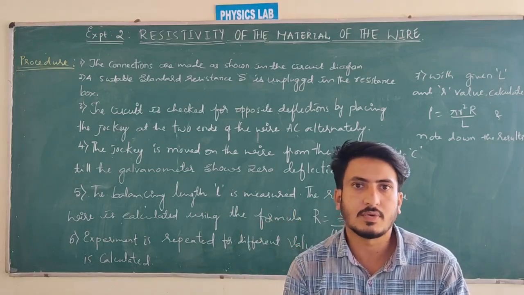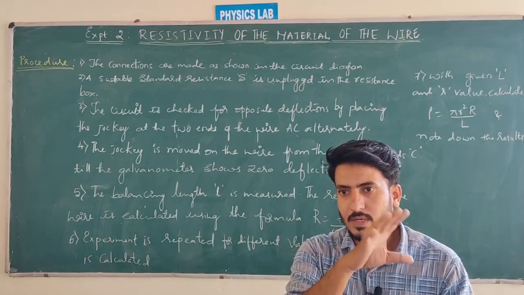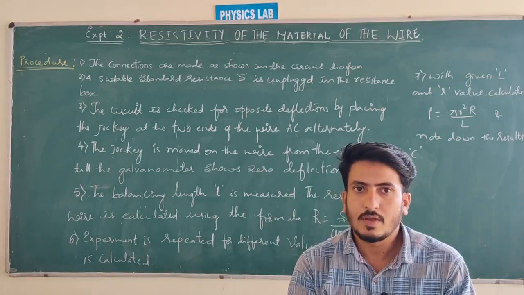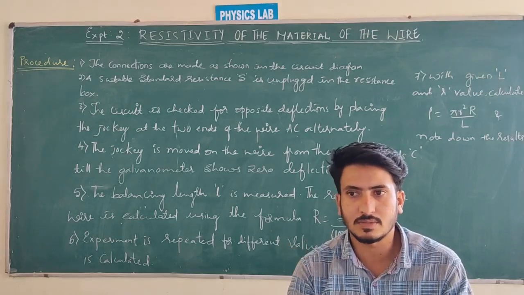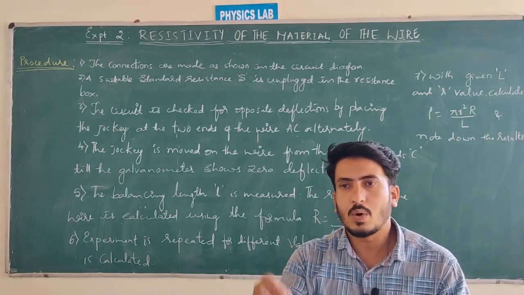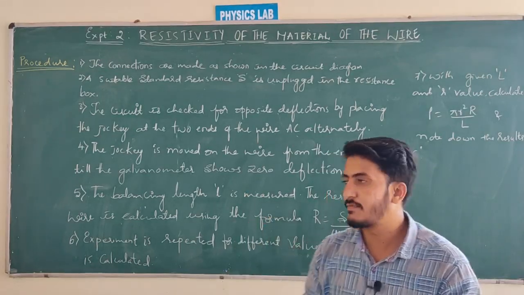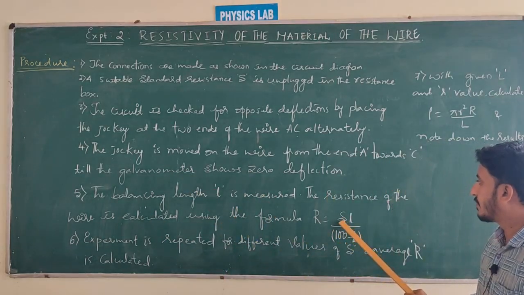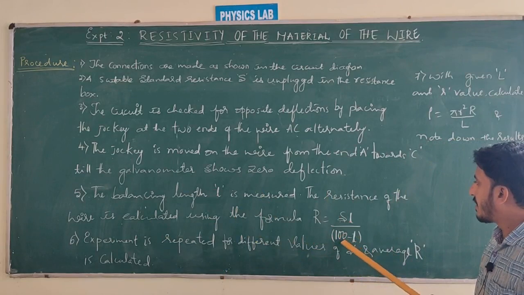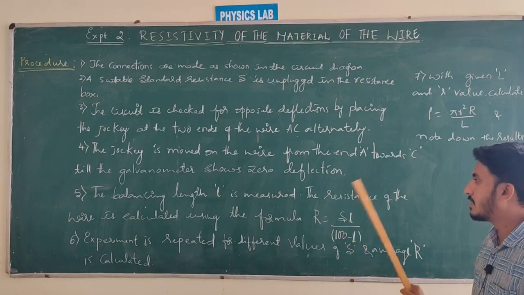Just focus on the circuit diagram. Once we make all those connections, we have to remove some key from the standard resistance box. I will show you that. Once we remove some standard resistance from the box, that is the S value, we have to measure L and 100 minus L on the meter bridge.